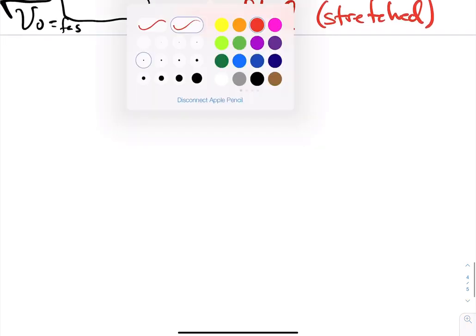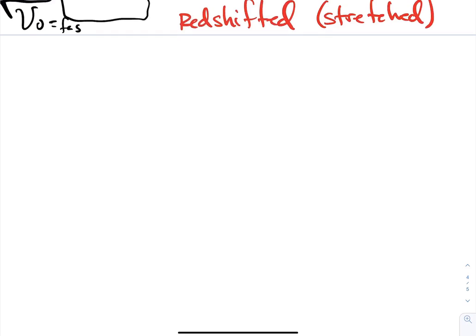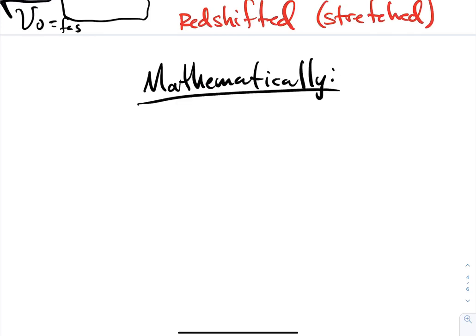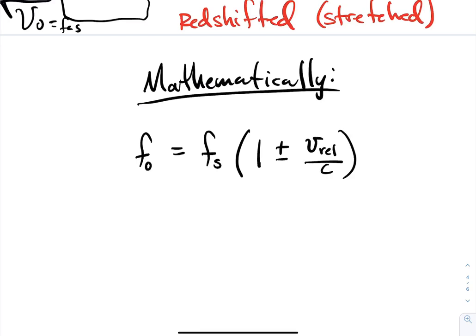Now, what you're all really interested in, I'm sure, would be the mathematical representation of all this. And mathematically, it's a nice straightforward equation. We have the frequency of the observer, so the observed frequency is equal to the transmitted, or we could say emitted frequency, but I like to do an S for source, the source of the light, and it's multiplied by 1 plus or minus V relative over C, and it's definitely worth noting what these are.